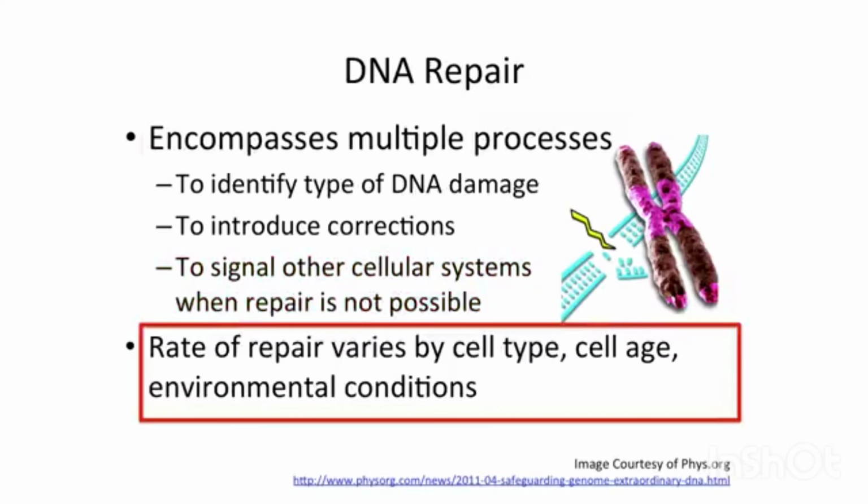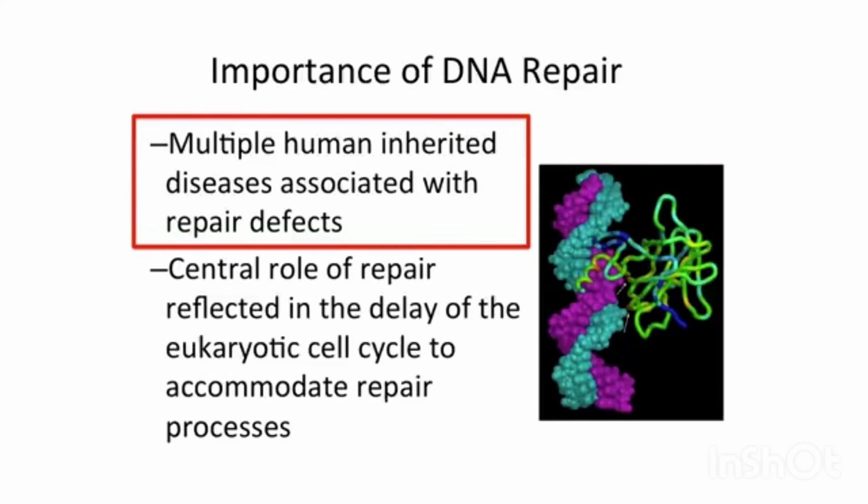And it's perhaps also not surprising that the rate of repair will vary by cell type, by cell age, by environmental conditions. There are a lot of signaling inputs into the repair process. So again, why is DNA repair so important?